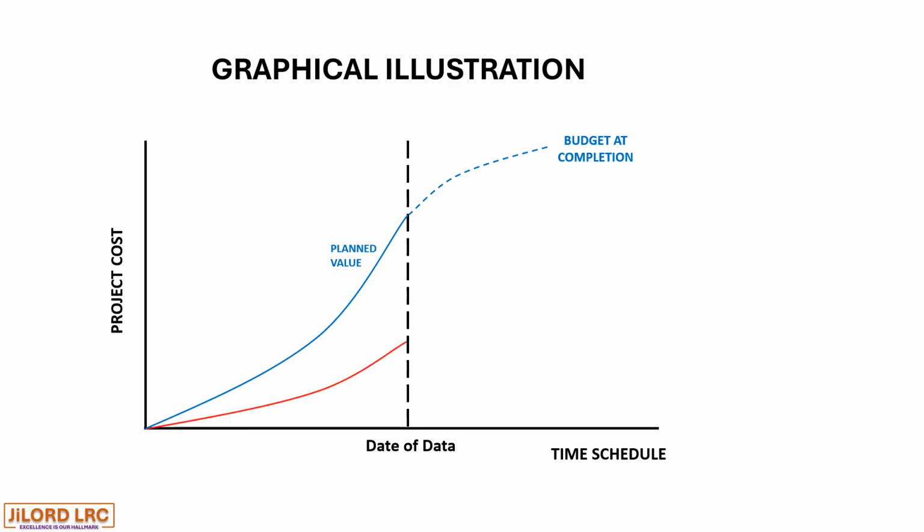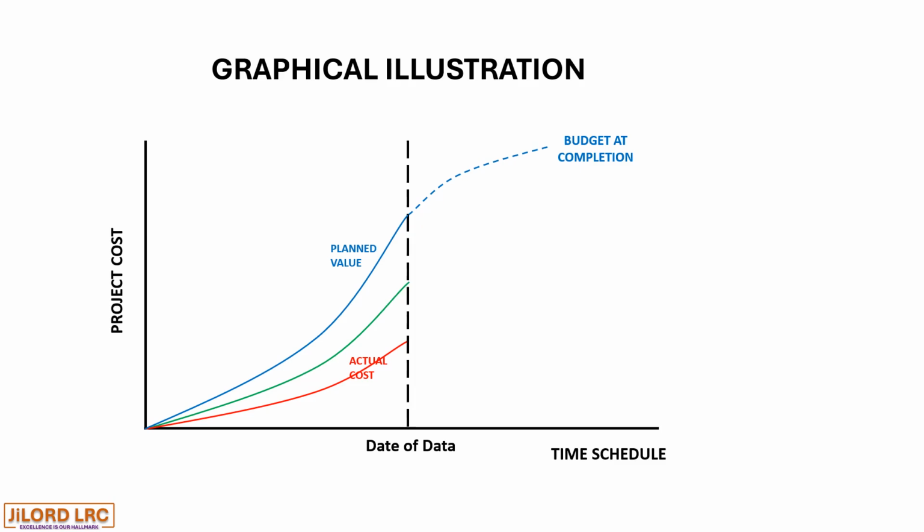We have our actual cost well below the planned value, and we have our earned value greater than the actual cost but less than the planned value.